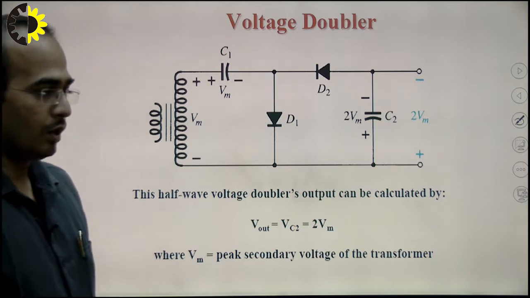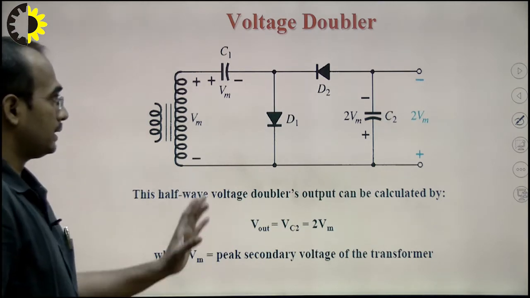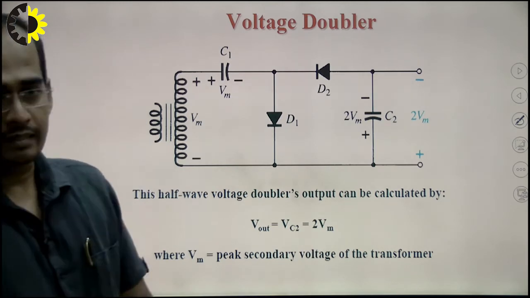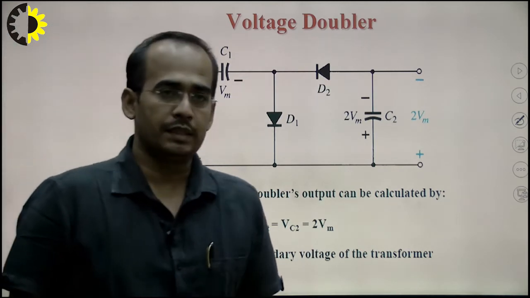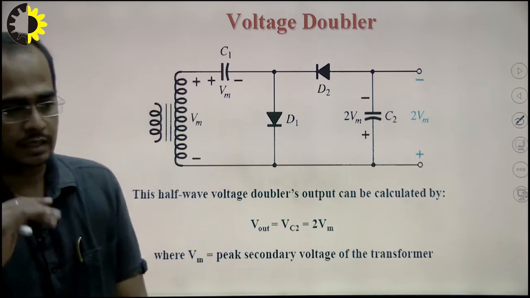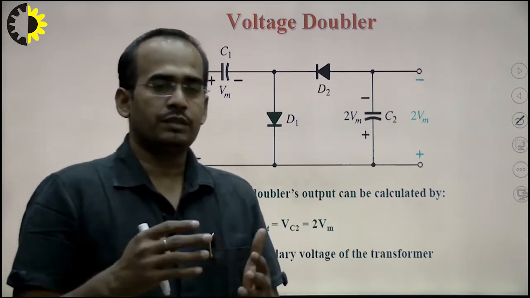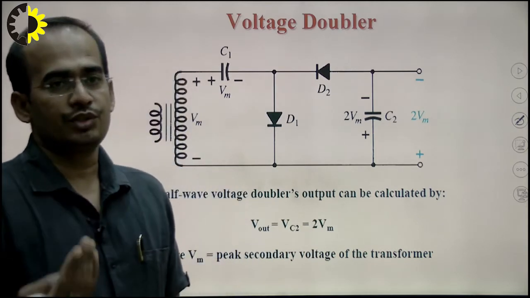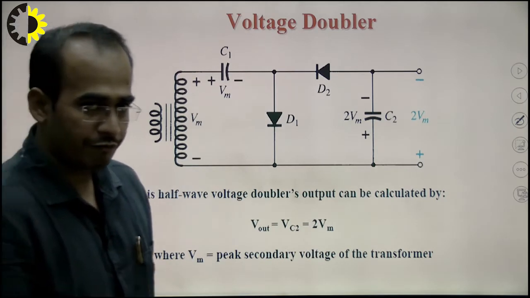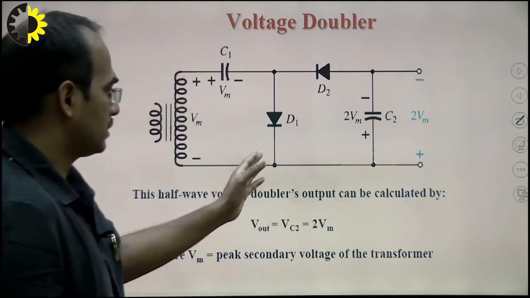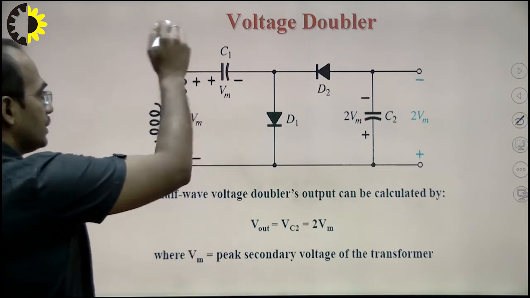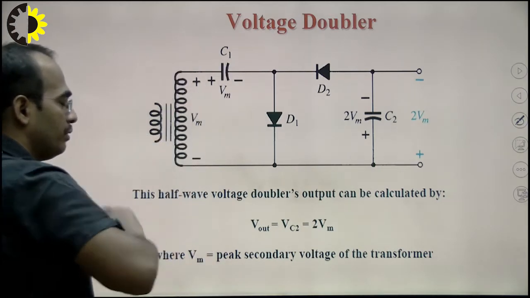For analyzing this half wave voltage doubler, I will consider the half cycle in which diode D1 is forward biased, and after that I will consider the other half cycle. When diode D1 is forward biased, the capacitor C1 will charge up to the peak value of the input signal. If I use a silicon diode instead, you can find the charge stored in capacitor C1 by applying KVL.